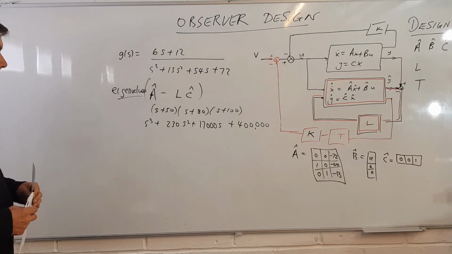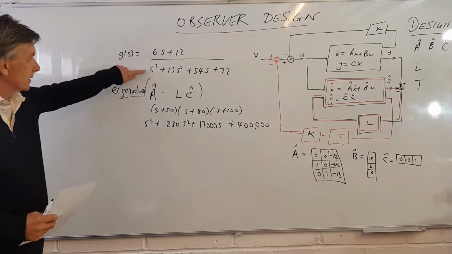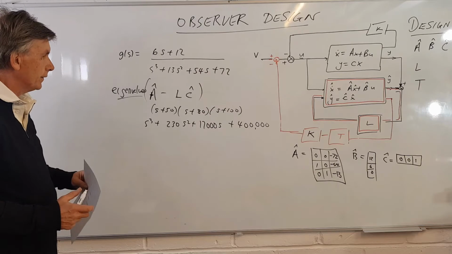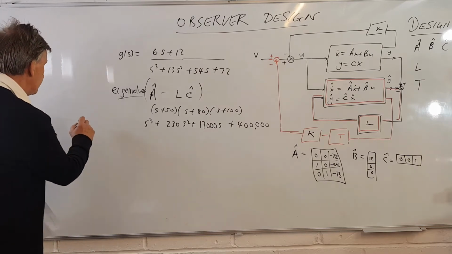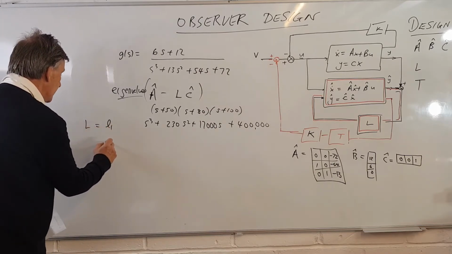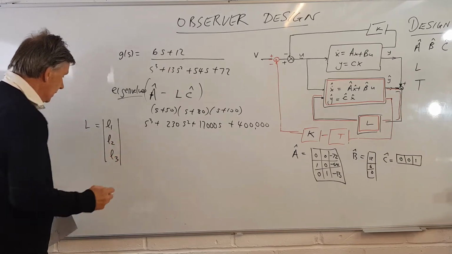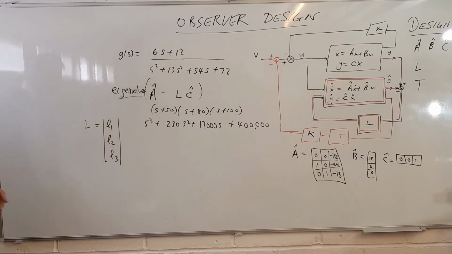Now, in designing L, we go back to this equation here, and the state feedback controller is going to be of the form L now. It's going to be from L1, L2, L3. That's the format of our state feedback controller L. And we need to work out L1, L2 and L3.